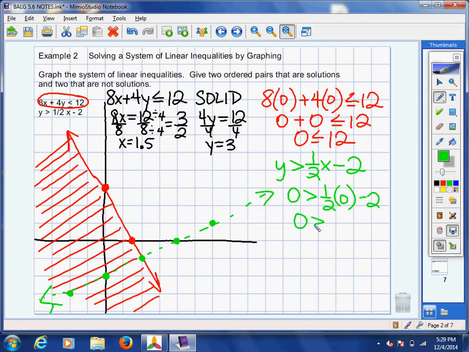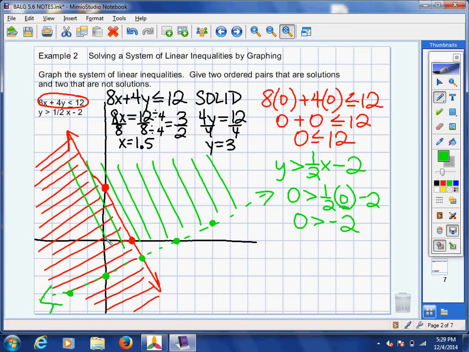In other words, is 0 bigger than -2? Now how did I get -2? Well, 0 times 1/2 is 0, and 0 minus 2 is -2. So is 0 bigger than -2? Yes, it is. So the green line, we're going to shade above it. Okay, that's where 0, 0 is, and that's where we should shade.